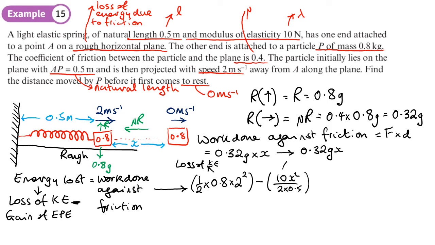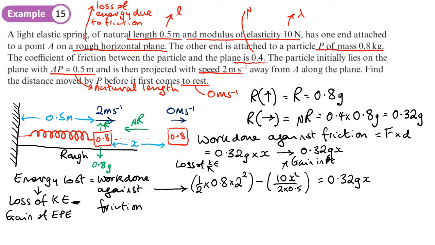Okay, so this is our gain in potential energy, and that's going to equal the work done against friction, which is 0.32gx.